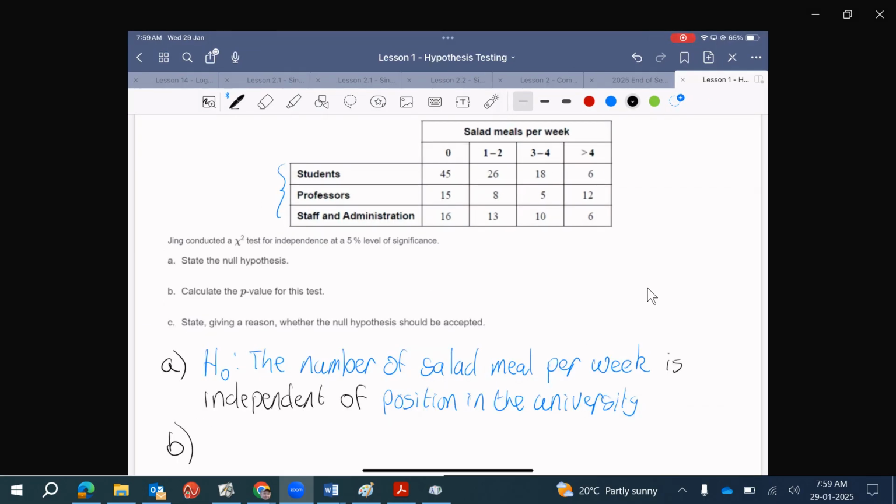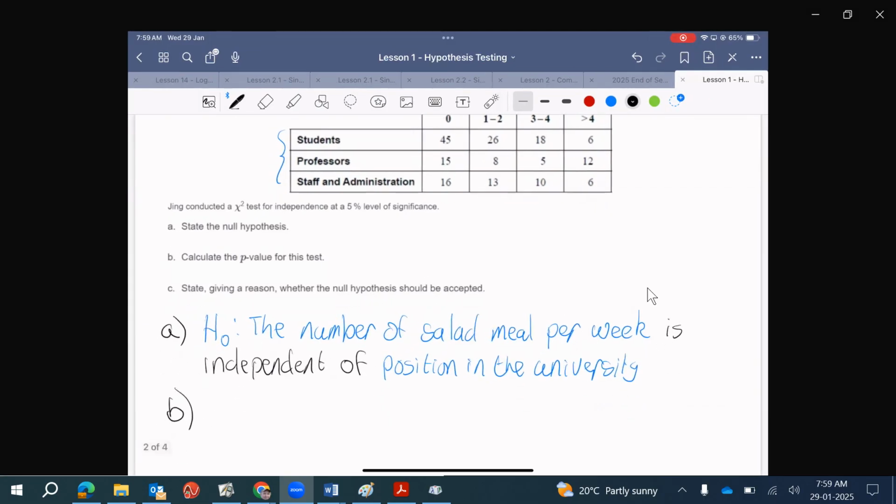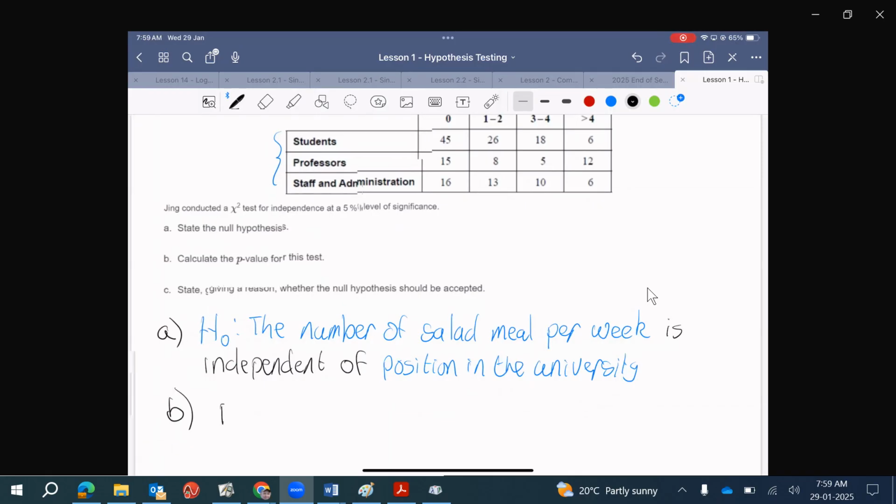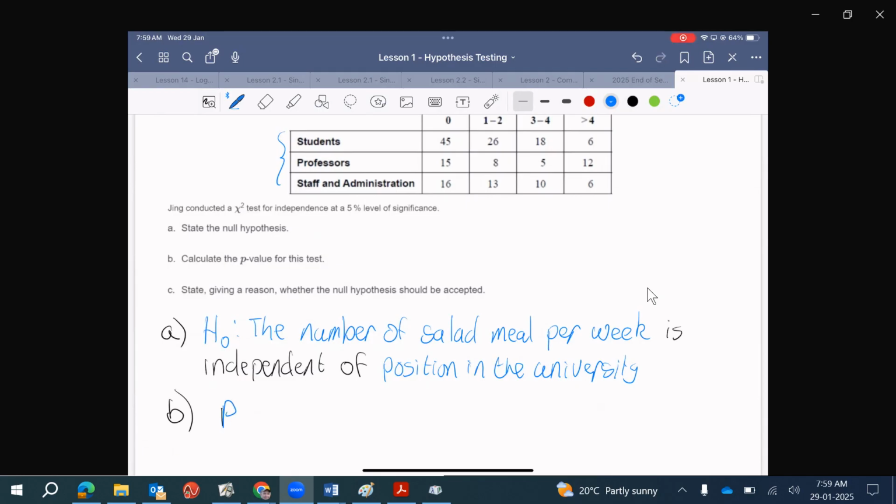Okay, so we should get for our p-value, p is equal to 0.0201. Make sure you give your answer to 3 significant figures.